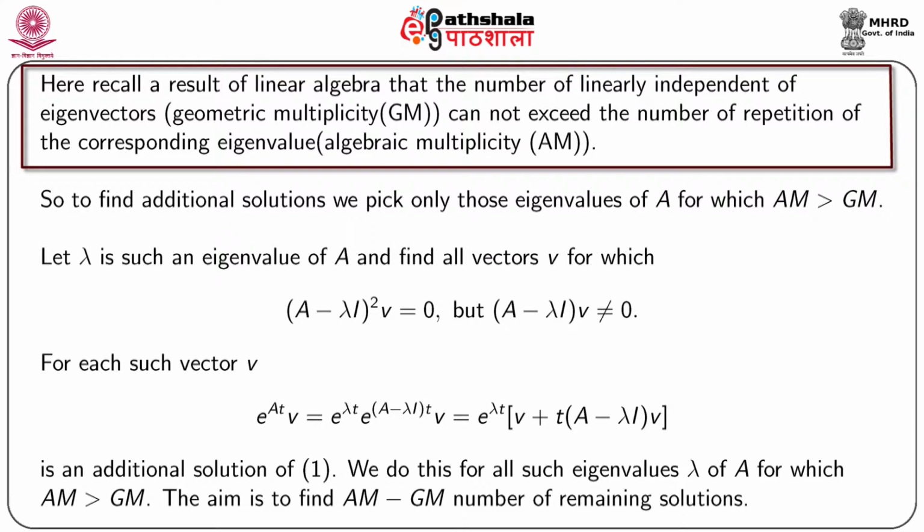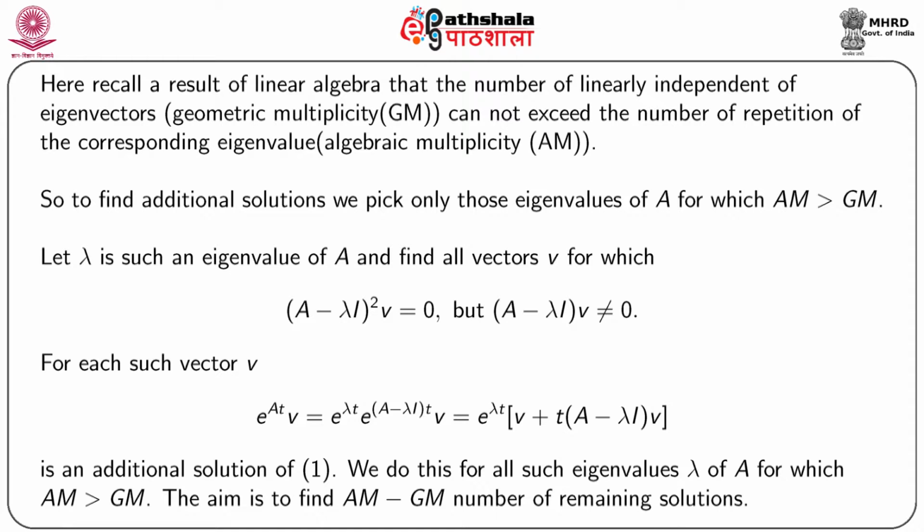Here we recall a result of linear algebra that the number of linearly independent eigenvectors, which is also called the geometric multiplicity, in short GM, cannot exceed the number of repetitions of the corresponding eigenvalue, which is the algebraic multiplicity, in short AM.